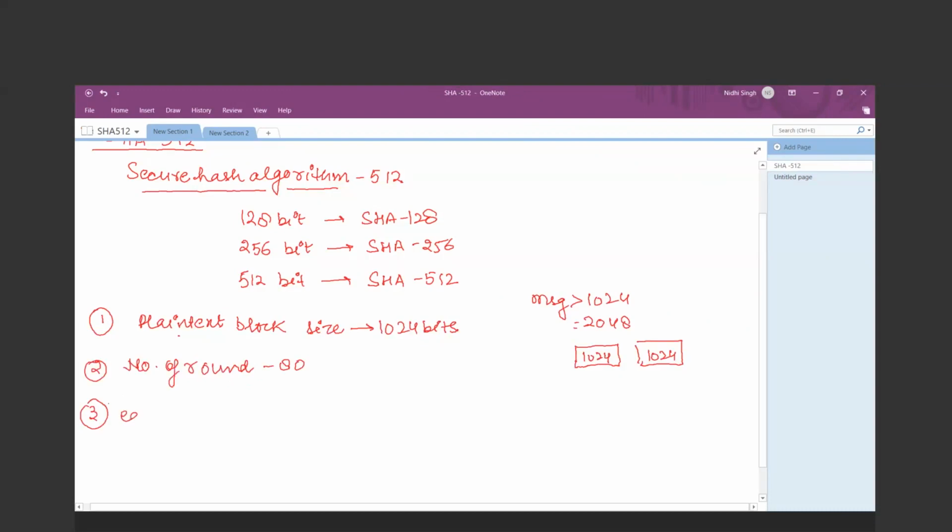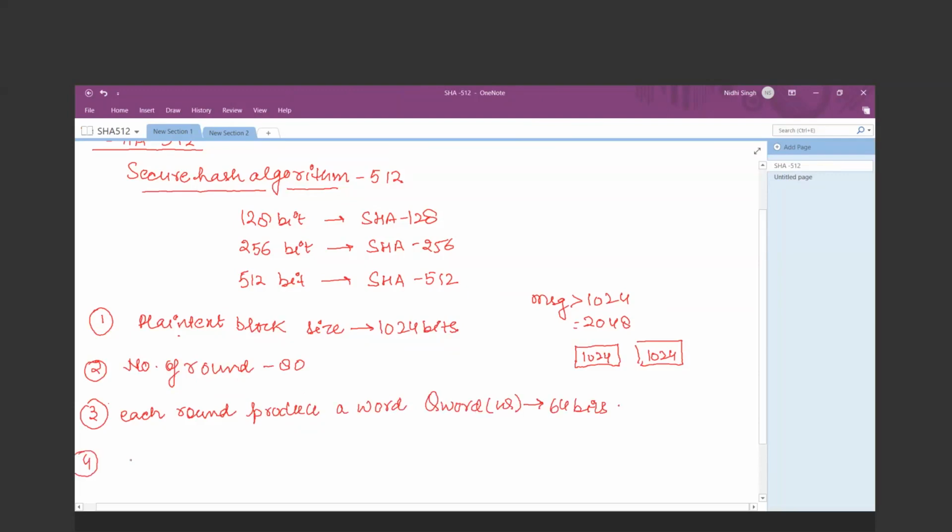Each round produces a word, sometimes called a Q word, indicated as small w, and the size of this word is 64 bits. So a word is the output of each round.